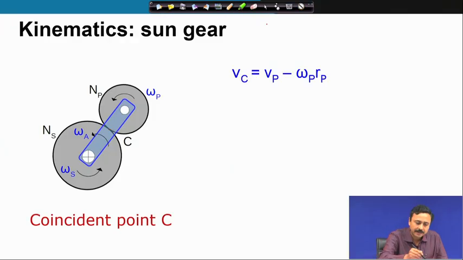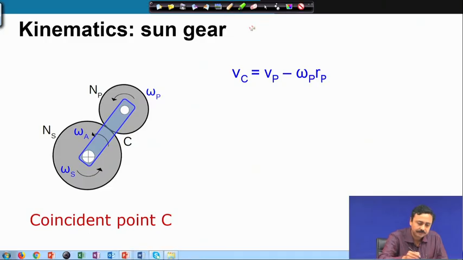Now, if you look at the velocity of the point C as seen from the planet gear side, this can be written as: velocity of the contact on the planet is equal to the velocity of the center of the planet plus omega planet cross the radius vector.